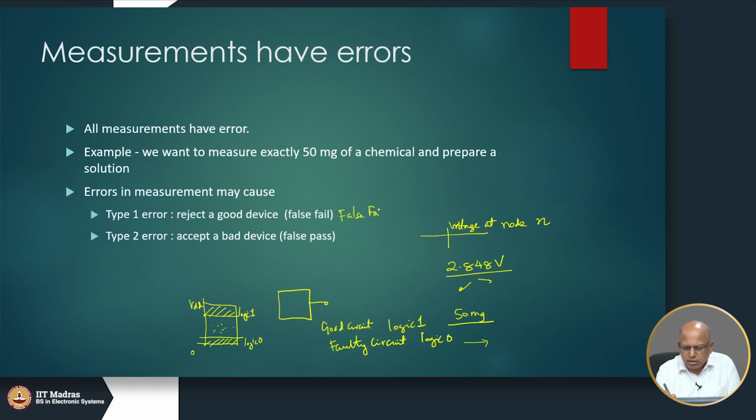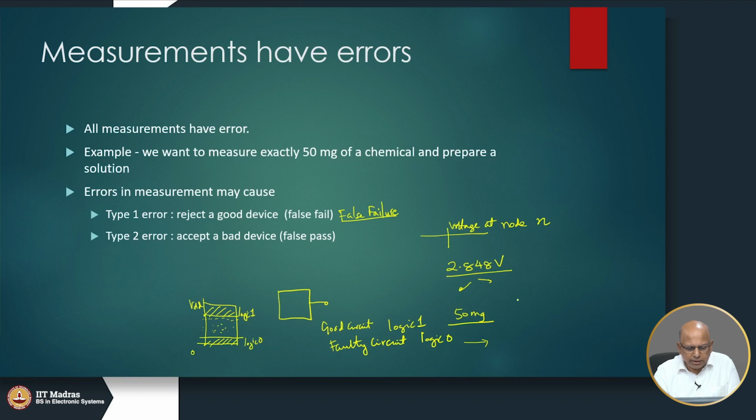The circuit did not have any problem as such; it did produce a logic 1, but it was a little bit somewhere here maybe, and your measurement showed you that it is more towards logic 0. You measured there was an error and you concluded that it is a logic 0, and as a result you will consider this to be a faulty device.